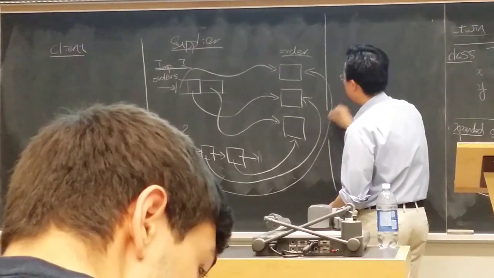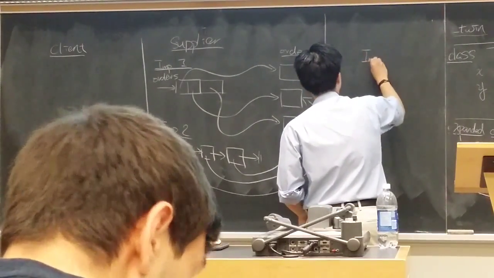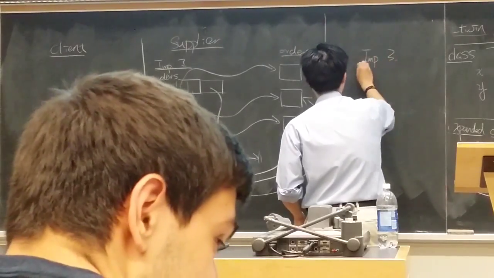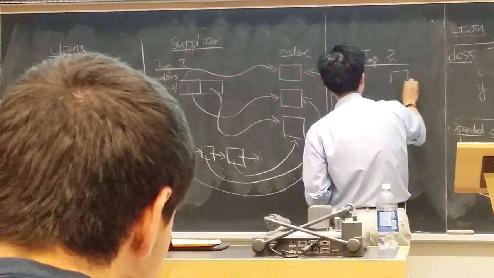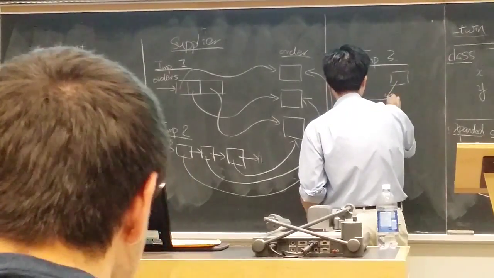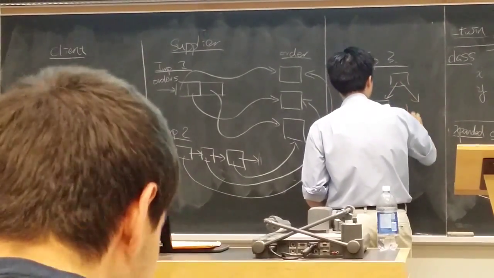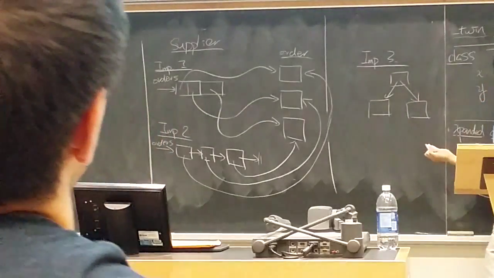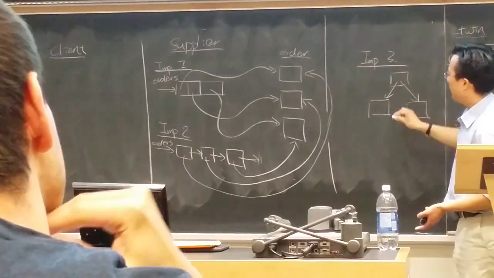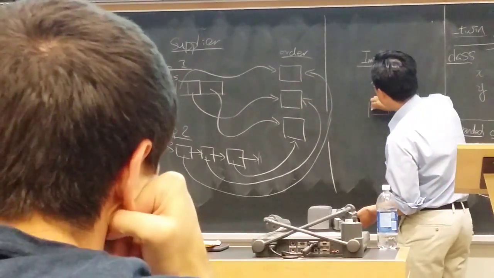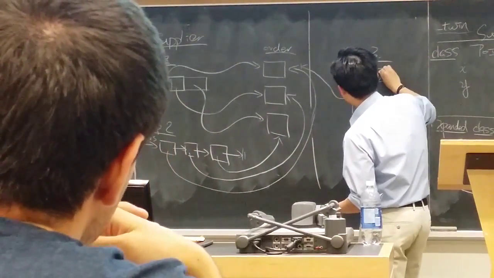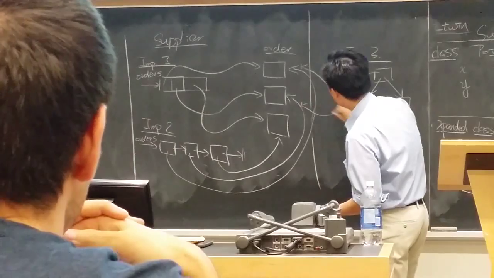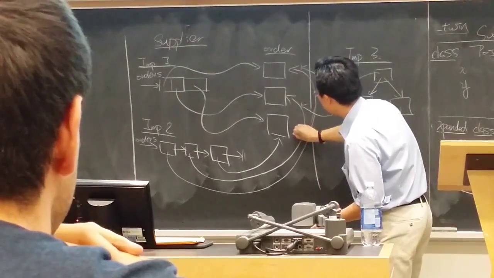Let's say we have implementation 3. Let's say we have a binary tree for storing the orders. So we have the root here, there's a child here, there's another child here, there's a tree, right? Somehow, this points to the first order, and this points to the second one, this points to the third one.